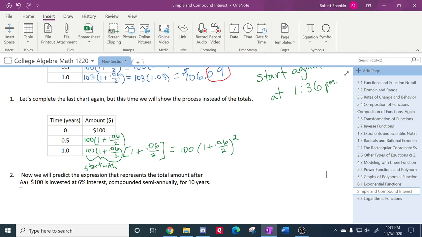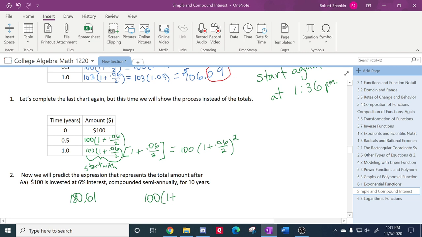Okay, group 5, what do you got for this? I said 180.61. 180.61, and how did you get that? Well, I did 100 times 1 plus 0.03 to the 20th power.